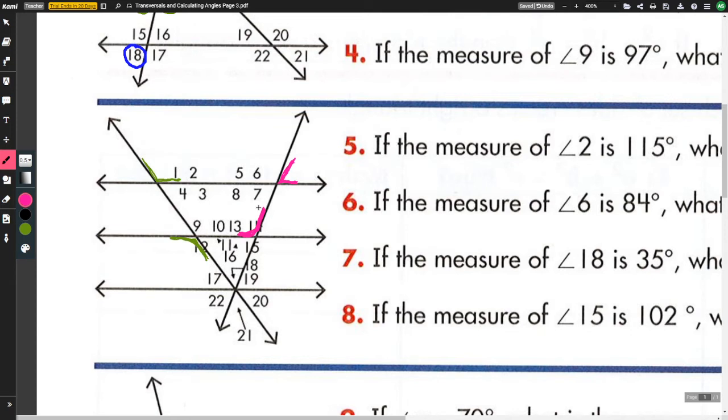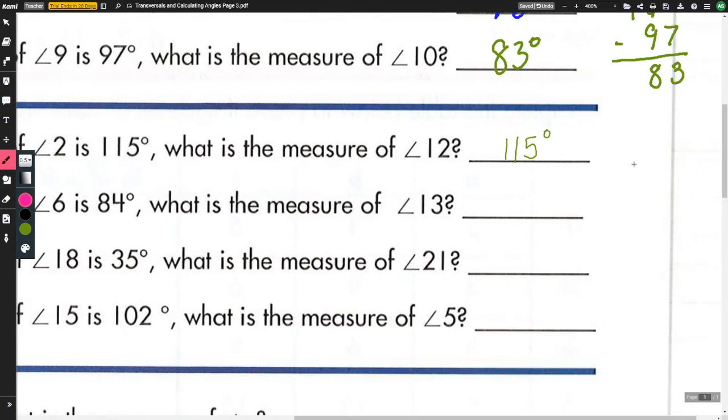If I were to move this top one down here, you would see that together they would make a straight line. So what I have to do is 180 minus 84.